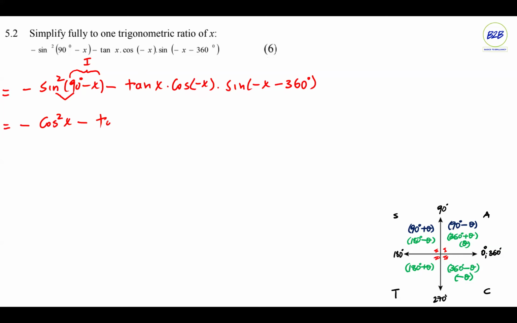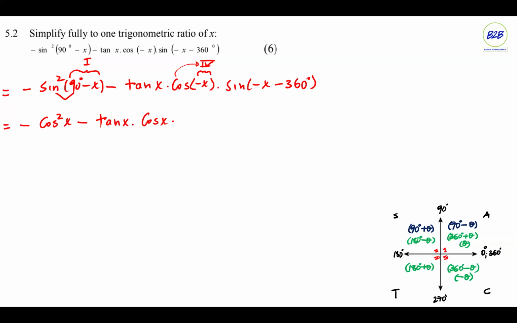Not yet. Let us see, after we have dealt with the right side of this expression, what do we get. Minus x is representing the fourth quadrant, and the sign of cos in the fourth quadrant is positive. So that will be cos x.